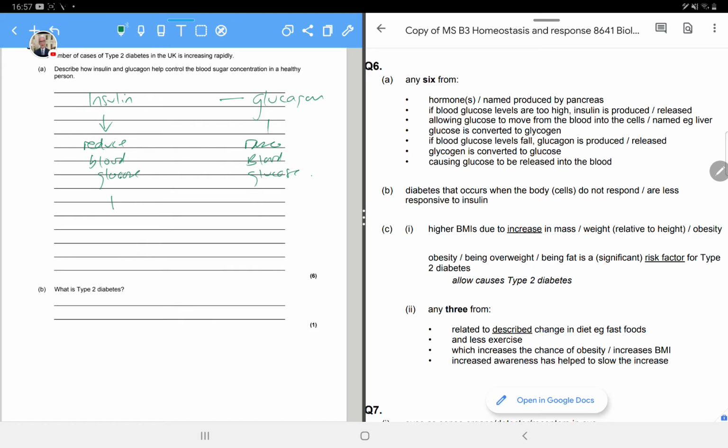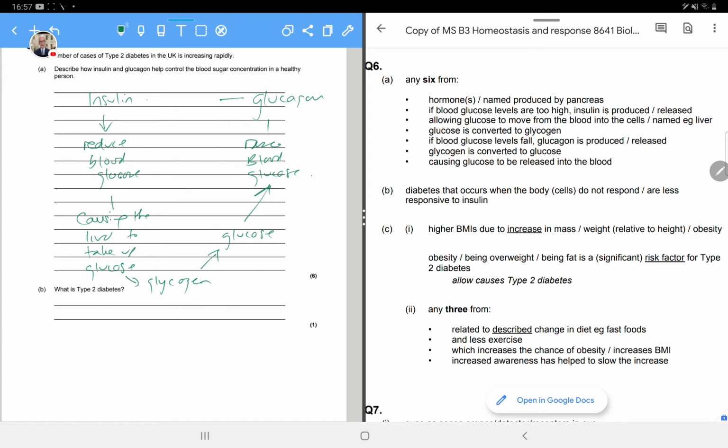Insulin does that by causing the liver to take up glucose and turn it into glycogen, and glucagon is going to work by glycogen being converted to glucose and raising the blood sugar.